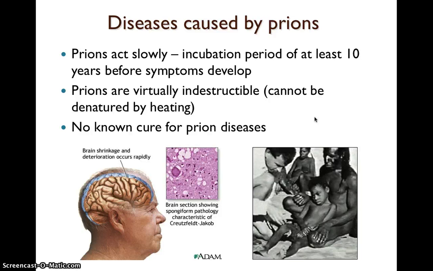There's actually no cure for prion disease, because we have not yet determined a treatment for prions. And right here is a picture of a person with prion disease. Once the symptoms are observed, this person's brain would start shrinking.